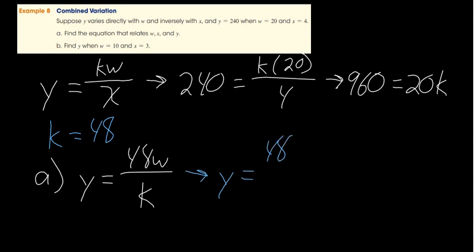W was 10, over k, which was, I'm sorry, over x. Oh my goodness, y'all didn't see that. Over x, which is 3. And then we get 48 times 10 is 480. 480 divided by 3 is going to be 160.